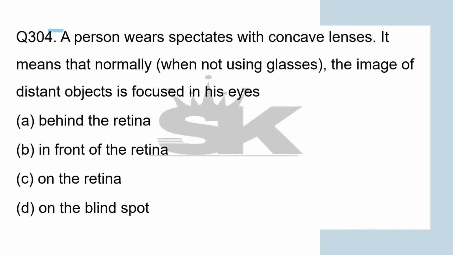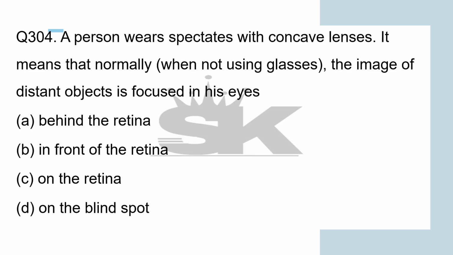A person wears spectacles with concave lens. It means that normally the image of a distant object is not focused in his eyes. So here concave lens means myopia, right? Myopia occurs when the light is focused in front of the retina. It occurs because either the eyeball is too long or because the cornea is too curved. People with short sight are not able to see distant objects clearly.